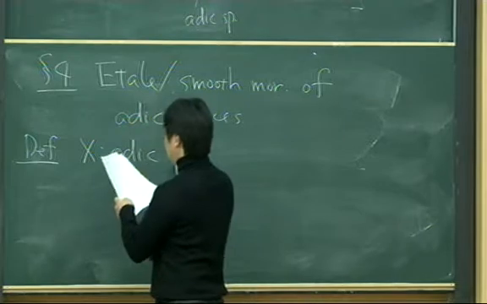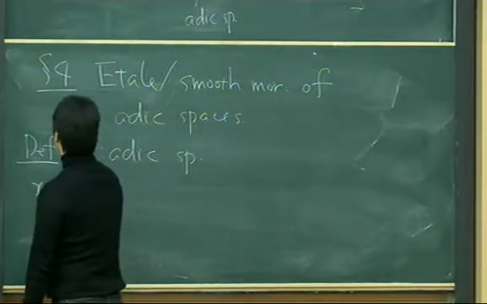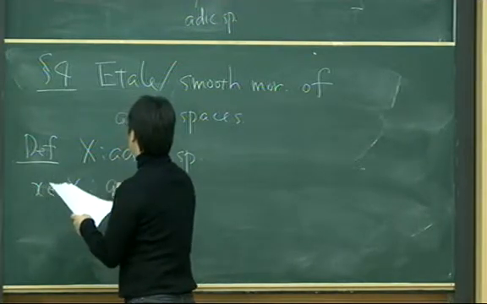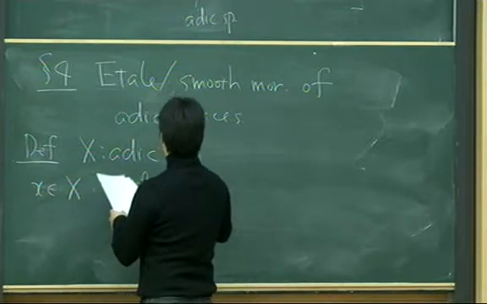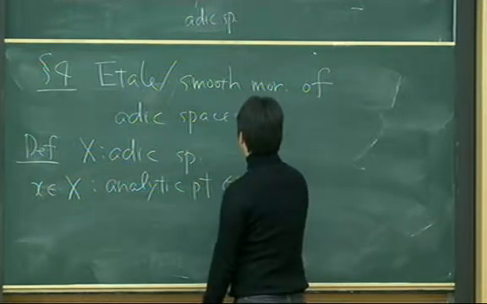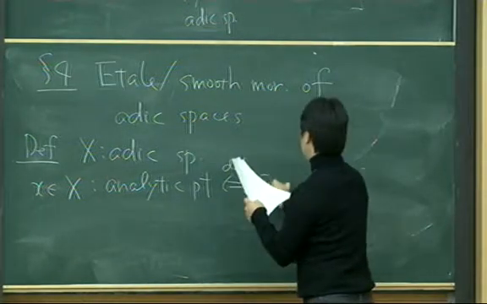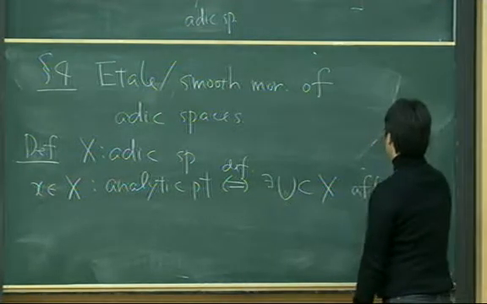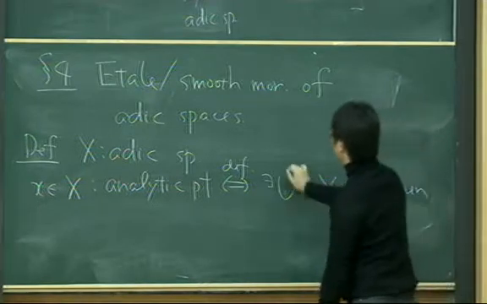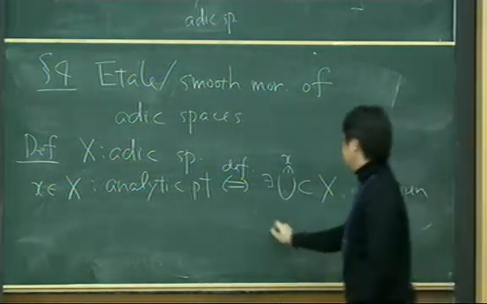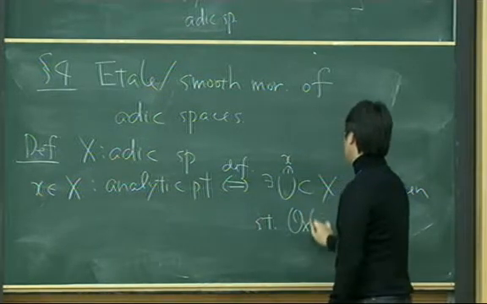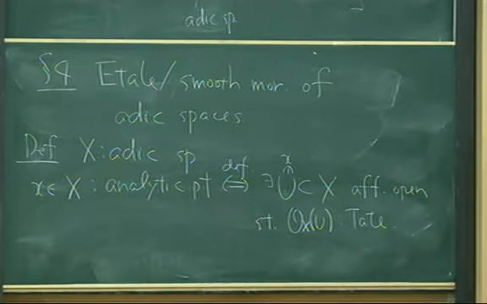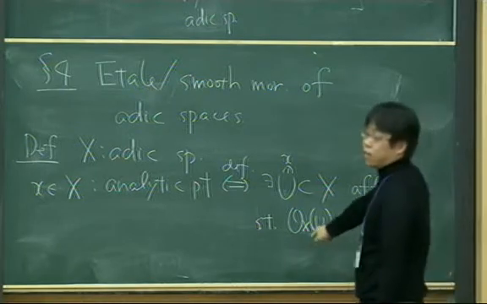Let X be an adic space, and a point x of X is said to be an analytic point if and only if there is an affinoid open neighborhood of x such that the global section of the structure sheaf is Tate. Namely, it has a topologically nilpotent unit.